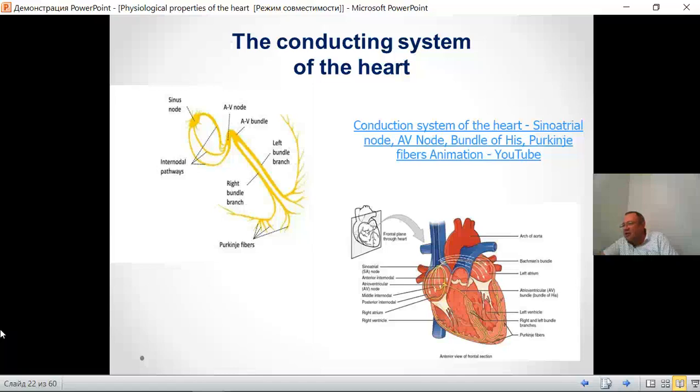Each branch terminates in several Purkinje fibers. Purkinje fibers are situated in the subendocardium. They transmit the wave of electricity to the ventricular myocardium. This wave of electricity results in ventricular contraction.